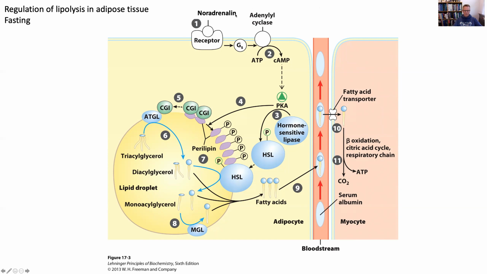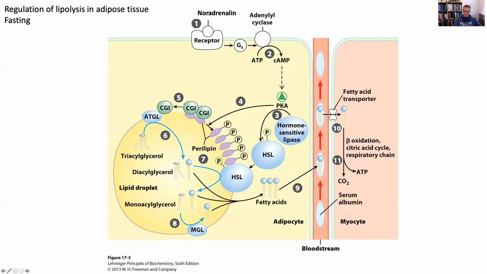These nerves will produce noradrenaline, which will activate a G protein coupled receptor, and via a stimulatory G protein activate the enzyme called adenylate cyclase that produces cyclic AMP, which, as you know, will activate protein kinase A that then will phosphorylate different enzymes involved in lipolysis. One of the enzymes that is being phosphorylated by protein kinase A is the enzyme called hormone-sensitive lipase.